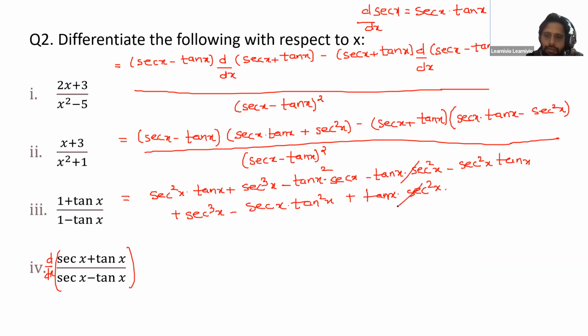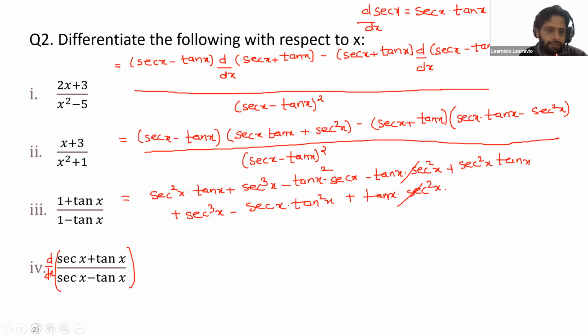So these two terms get cancelled out. Then we have sec square x and tan x. Why are we getting this 2 times? So we have multiplied this, 1, 2, 3, 4. Then we have multiplied this, so it will be plus sec x tan square x, right? Let me check. This term came from here, so this is negative. That's correct. And from this one, we get sec x into this, minus minus, yeah, this will give us plus.